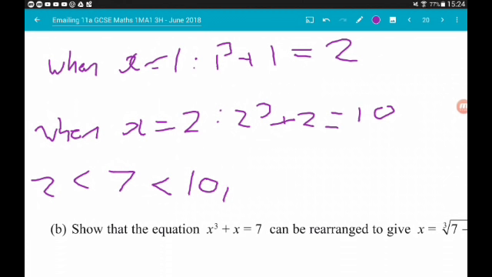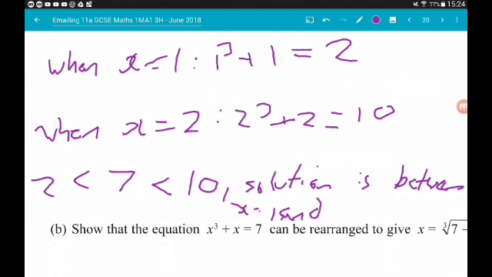Therefore, the solution is between x equals 1 and 2.